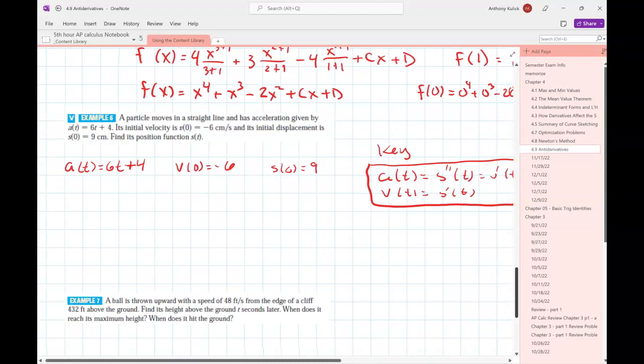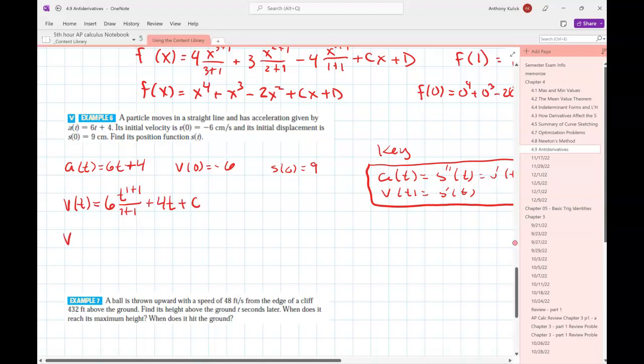So one step back from acceleration is velocity. So I'll do my anti-differentiation. So t to the first becomes t to the 1 plus 1 divided by 1 plus 1. 4 just gets a t tacked on the end, and then I have a plus c.